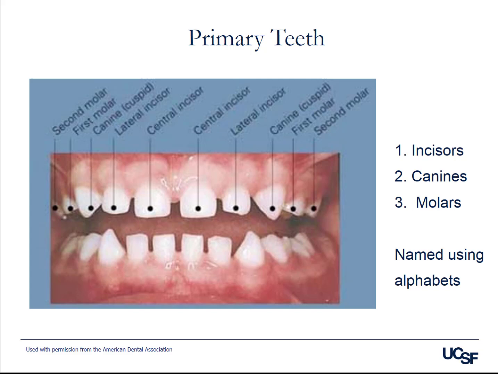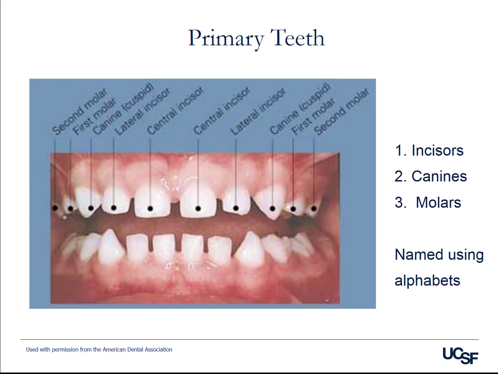Then you drop down to the bottom left, starting with tooth K, L, M, N, O, P. O, P are the central incisors. Q, R, primary canine, S, and T. Okay, there are 10 primary teeth on the bottom.